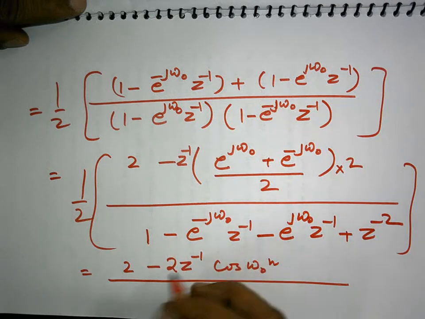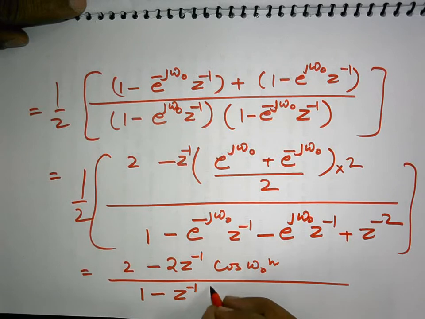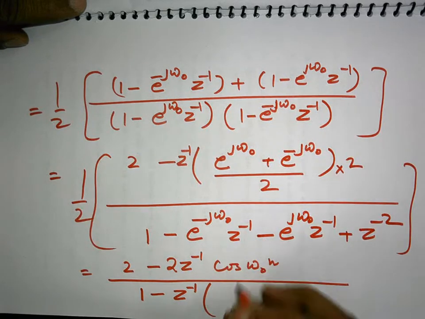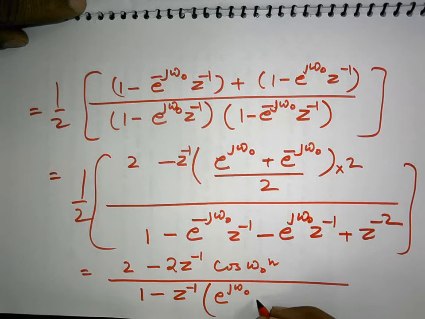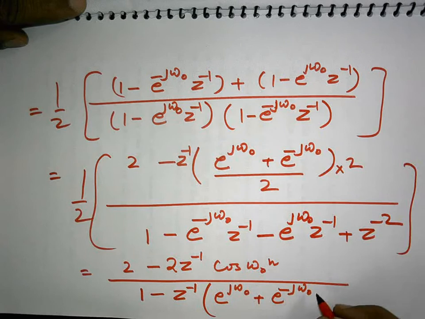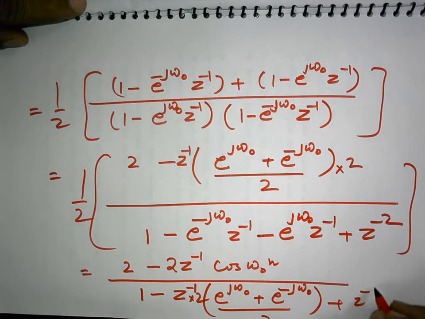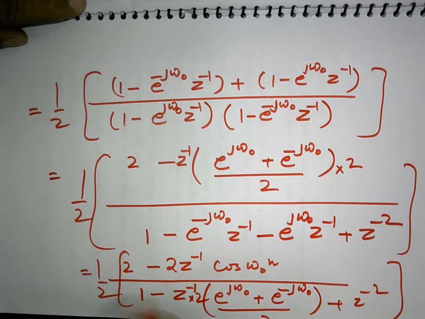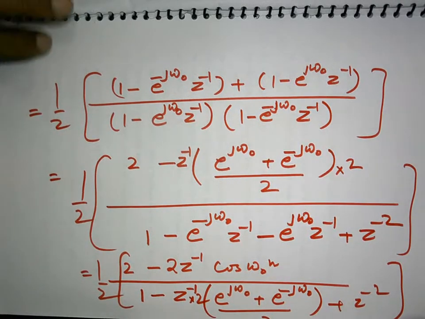What about this? This is 1 minus z inverse, and here also you take these things common: z inverse times e to the power j omega 0 plus e to the power minus j omega 0. Am I right? This has been divided and multiplied by 2 to make it cos, plus z to the power minus 2, and this is multiplied by half.